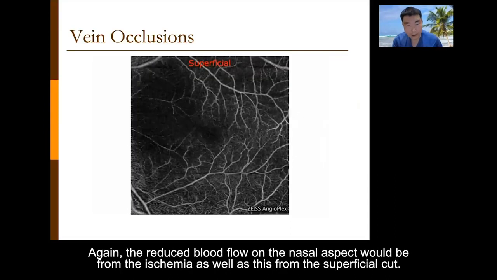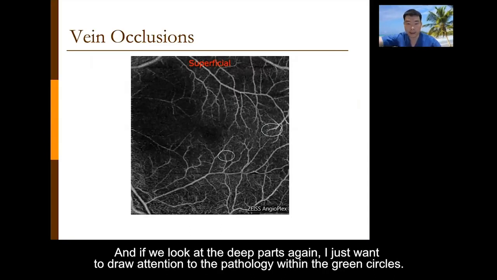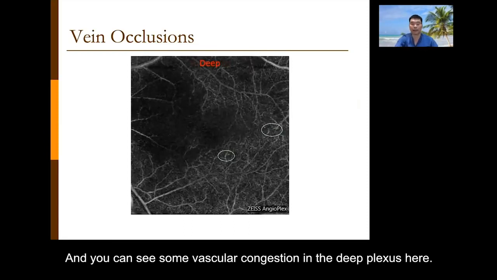Again, the reduced blood flow on the nasal aspect would be from the ischemia, as seen on the superficial cut. If we look at the deep cuts, I just want to draw attention to the pathology within the green circles, where you can see some vascular congestion in the deep plexus.